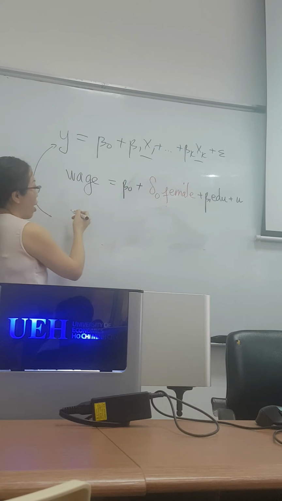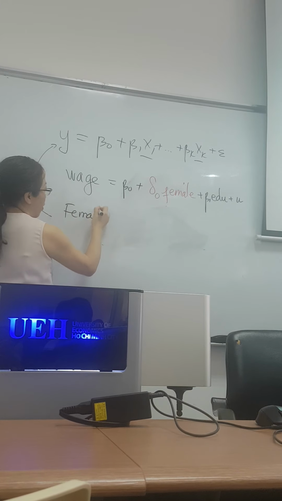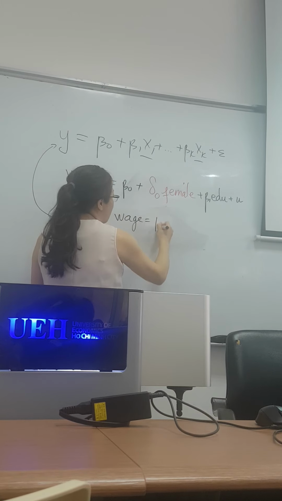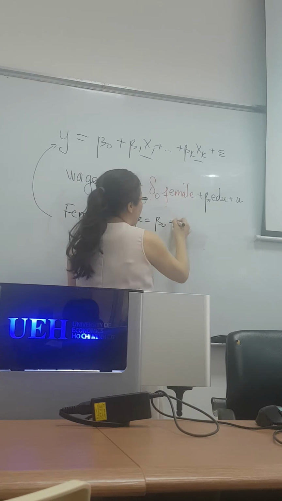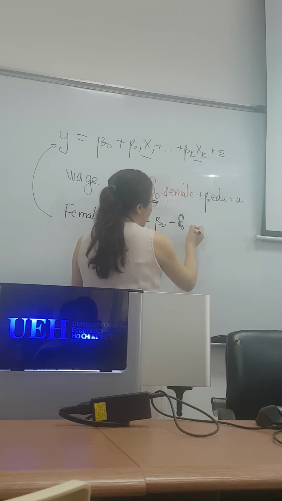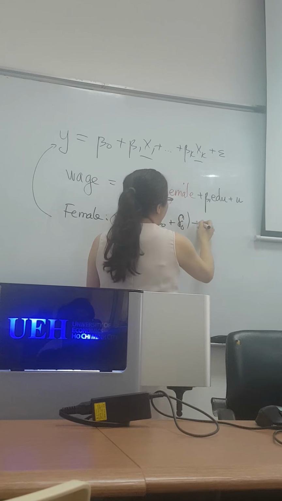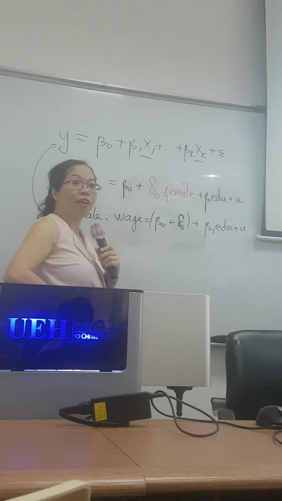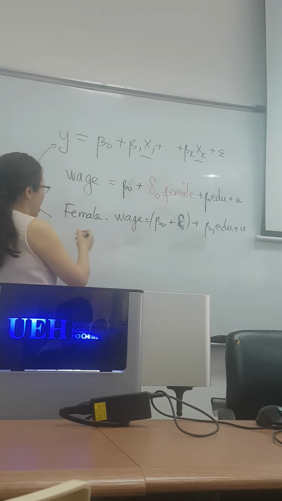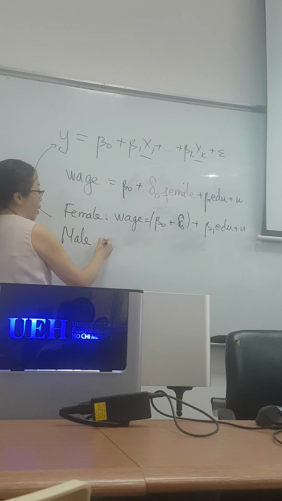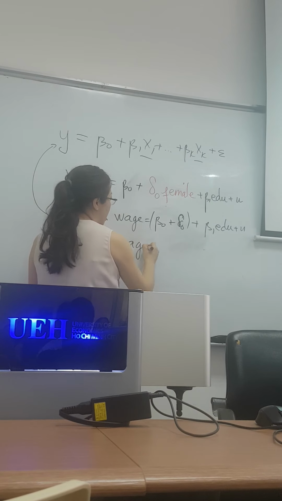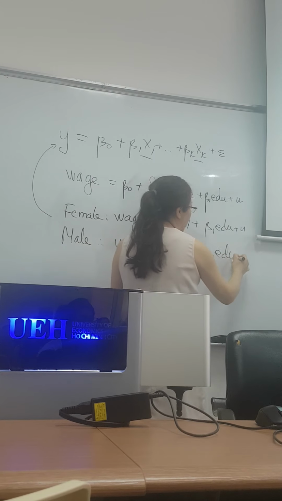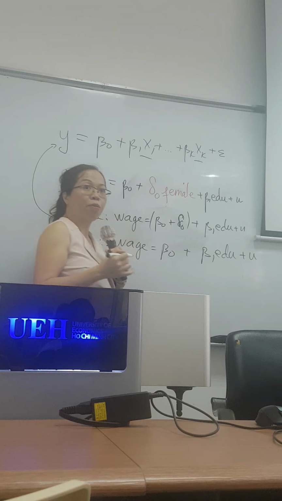Okay, so now if we got here female, we can write this formula as wage equal to beta 0 plus lambda 0, and then plus beta 1 education, plus the unobserved variable. So that's the case of female. In the case of male, you can write this as wage equal to beta 0 plus beta 1 education plus the unobserved variable. Is that right?